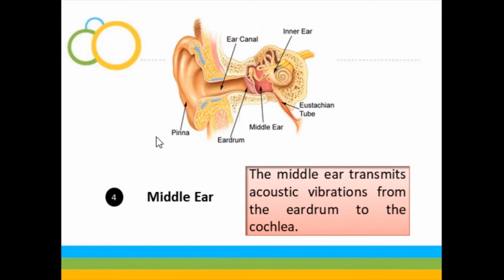Once the sound waves have passed, the middle ear receives the vibrations. Thus, the middle ear transmits or sends these vibrations to the inner ear, particularly our cochlea. Okay? But again, what is this? Middle ear. Great job.